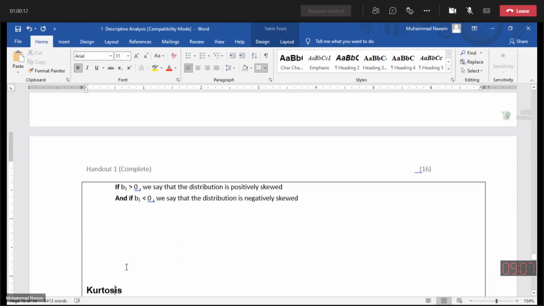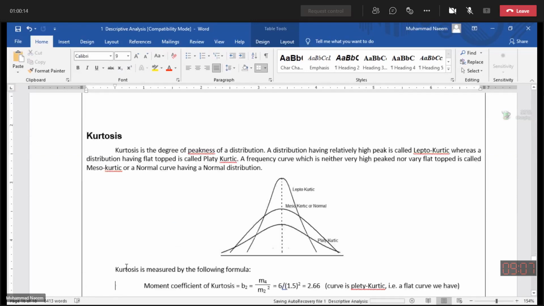Kurtosis is a measure to calculate the peakedness of the distribution. Sometimes we have a frequency curve which is with a high peak, extraordinary high peak, and sometimes it is flat, and sometimes it is in between, not so flat and not so high. It is called normal.